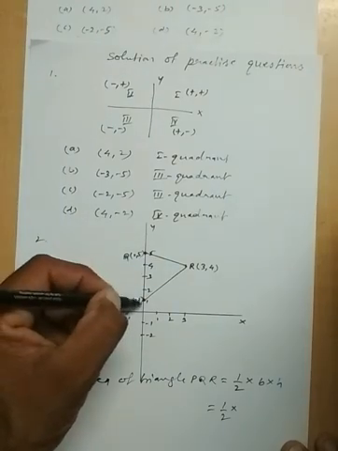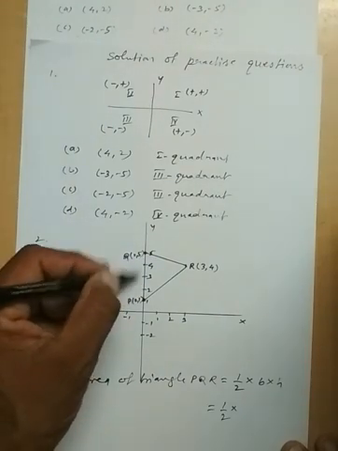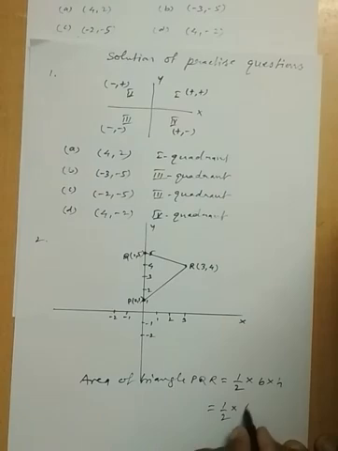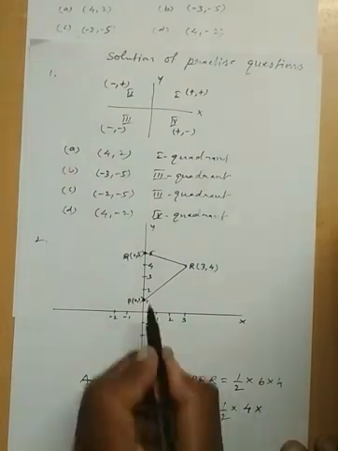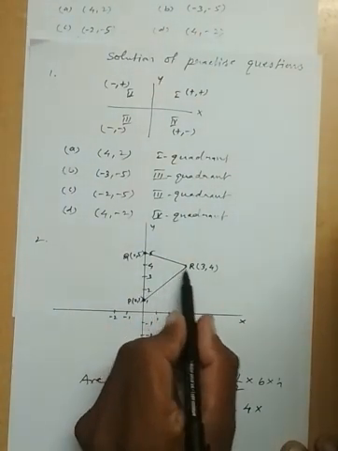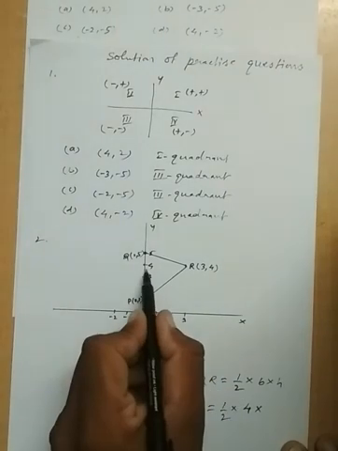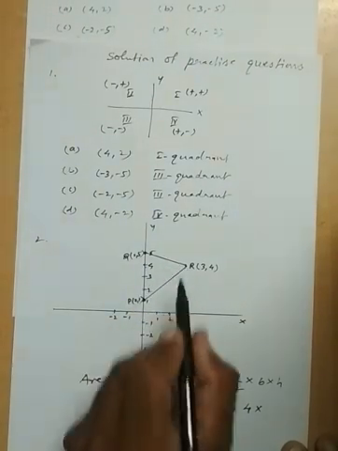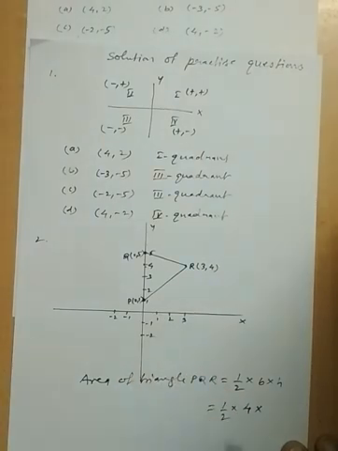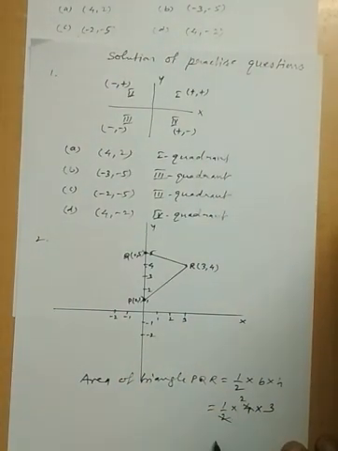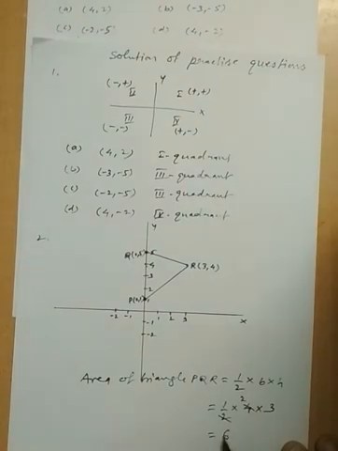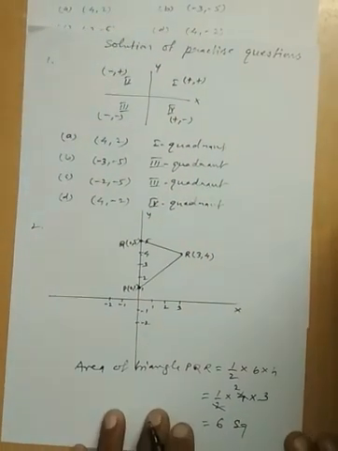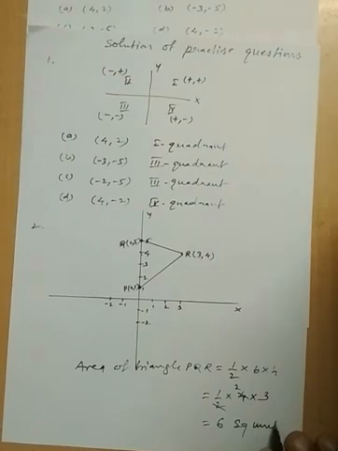This is 4 units, 1, 2, 3 and 4 units. 4 units is the base, and the height is 3 units. This is the height of the triangle, and this distance is equivalent to 3 units. 2 and 4 cancel, and 2 threes are 6 square units is the required answer.